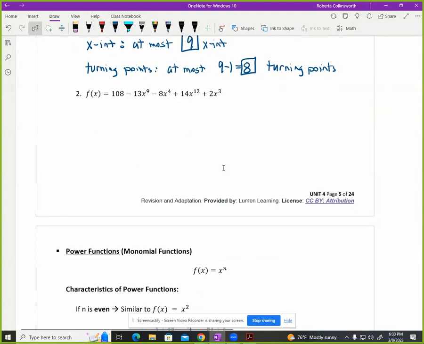Let's do the next example. Our next example is not in descending order. I'm going to look at my exponents, and I see that this is my highest exponent value. So I'm going to put a box around it, and I know that n has to equal 12. So I know that I'm going to have at most 12 x-intercepts.